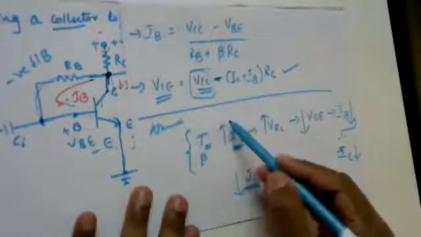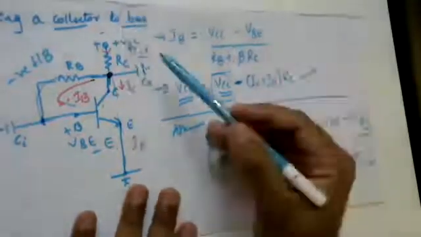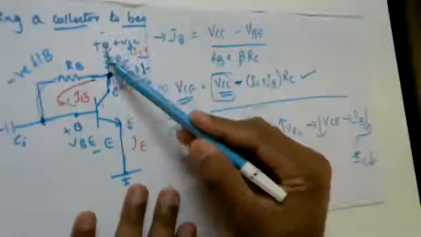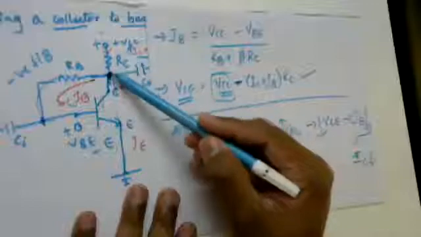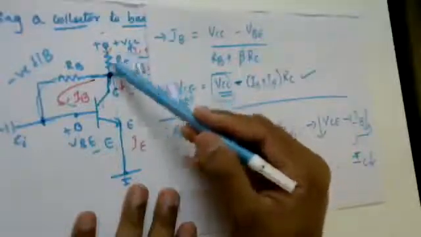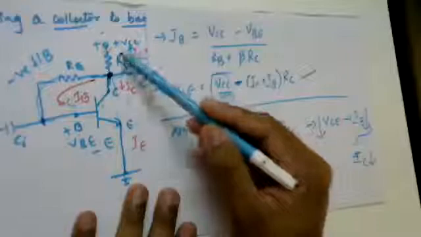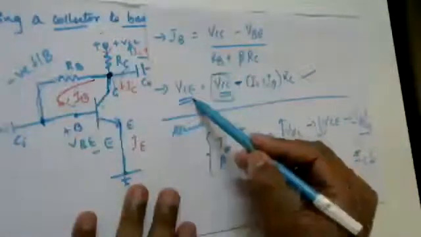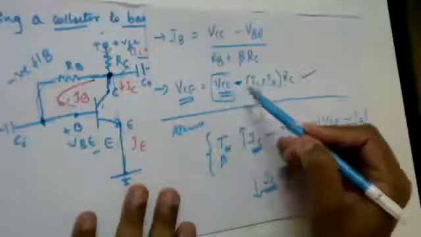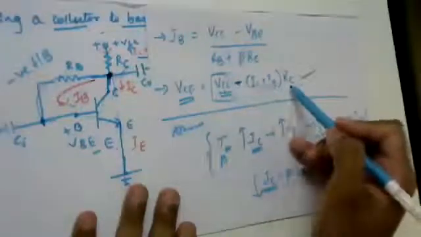As IC increases, what happens here? Since IC is the current which flows through this resistance RC, the voltage drop across your RC also increases. That is seen here in the output voltage. Our output voltage is given by VCC minus IC plus IB into RC.